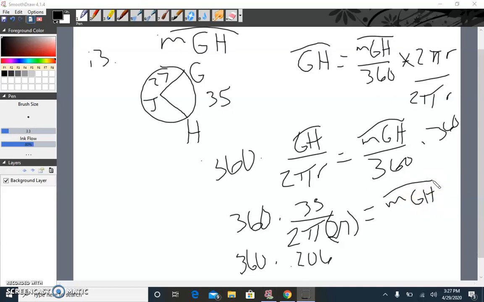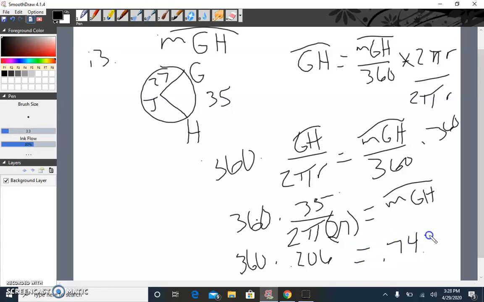Okay, so now you have to just figure out the math there. We have 35 divided by 2 times pi times 27. So if we take that number and figure it out mathematically, we get 0.206. So 360 times 0.206 gives us 74.3.